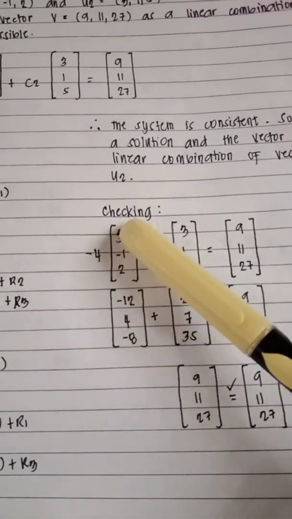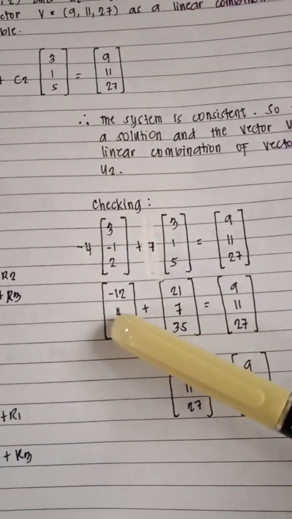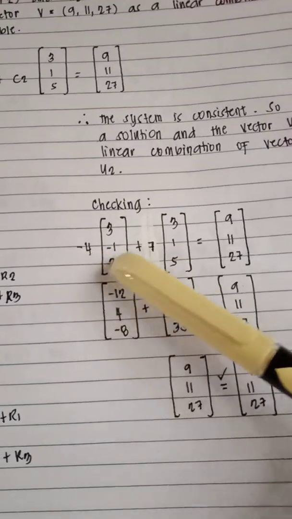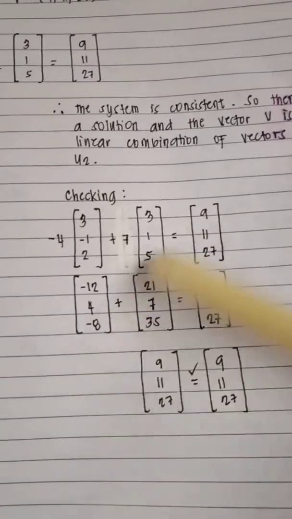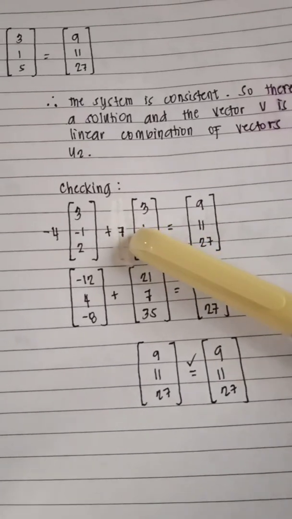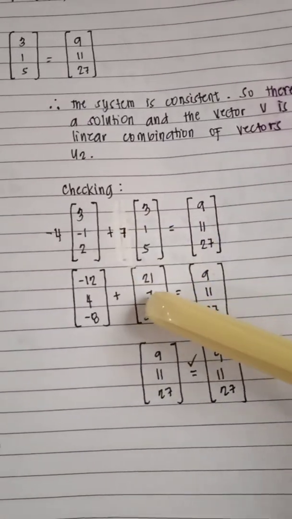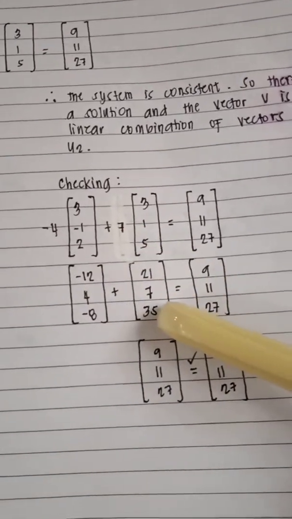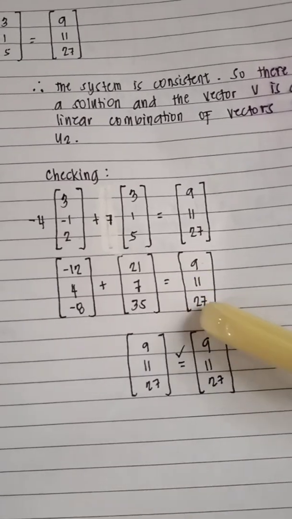So -4 times 3 is equal to -12. -4 times -1 is equal to 4. -4 times 2 is equal to -8. Plus 7 times 3 is equal to 21. 7 times 1 is equal to 7. 7 times 5 is equal to 35. Equals 9, 11, 27.